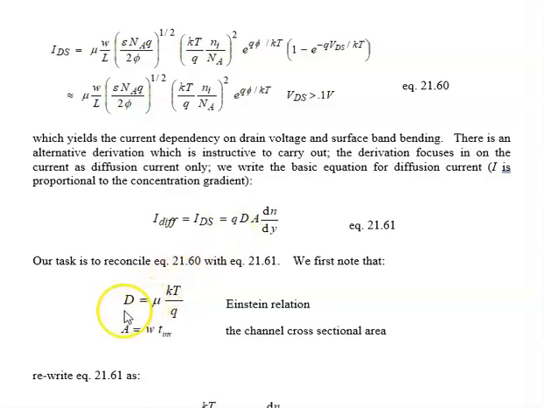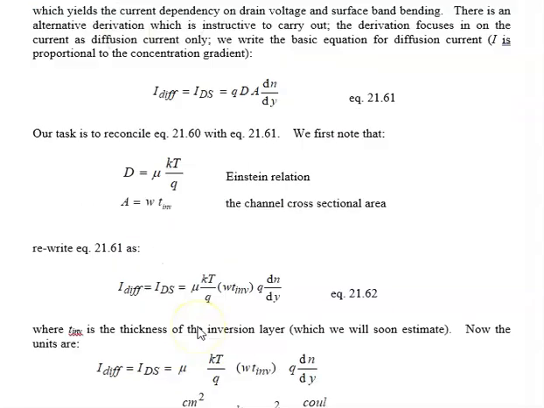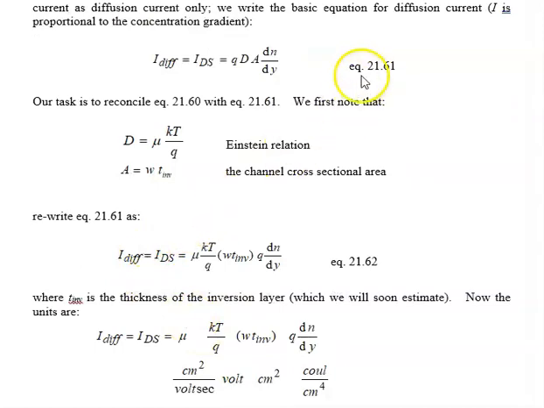We can use the Einstein relationship, D over mu is KT over Q, with that nice little rhyme, to eliminate D, and we know that the area is W, the width of the device, multiplied by the inversion layer thickness. So equation 2161, we put all that good stuff in there.